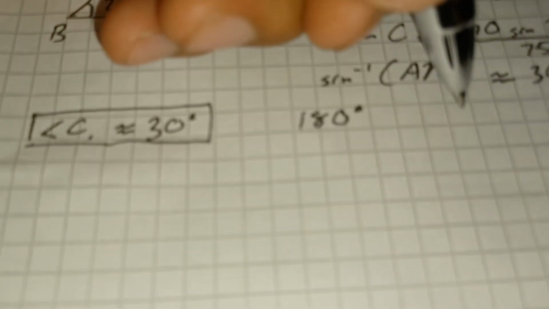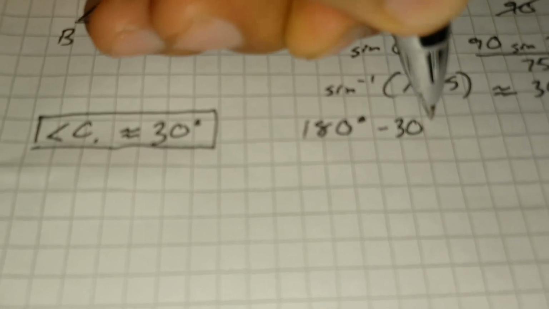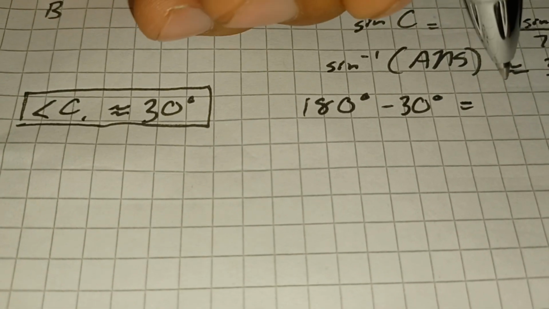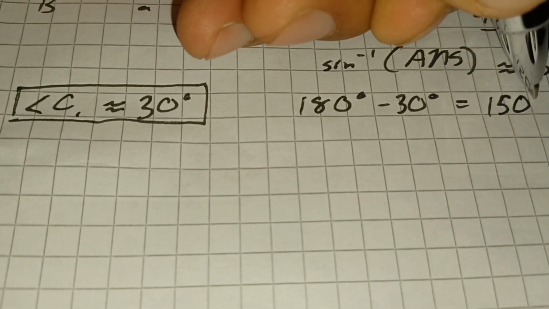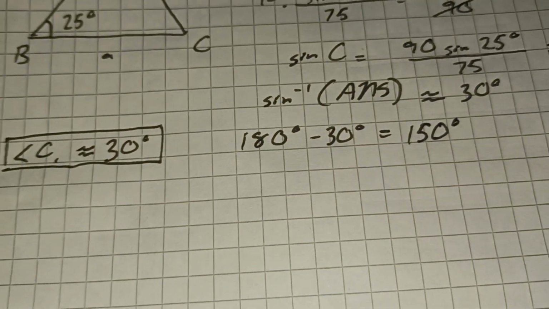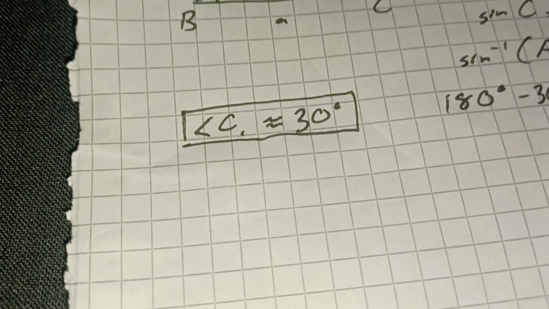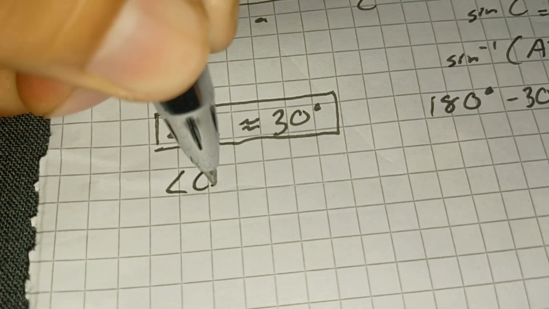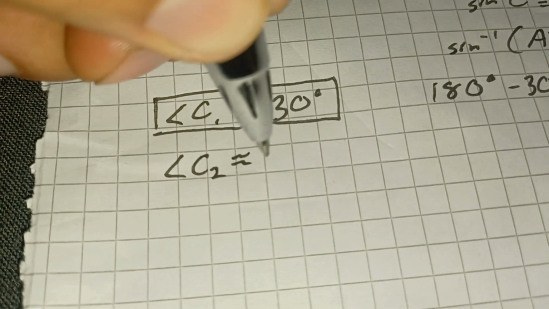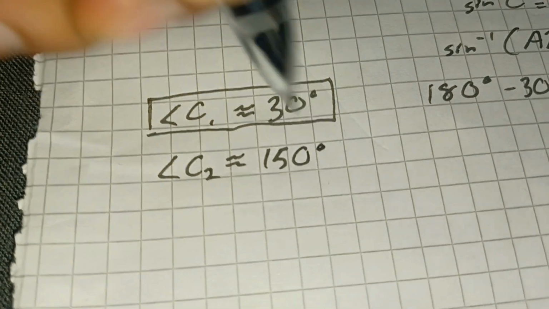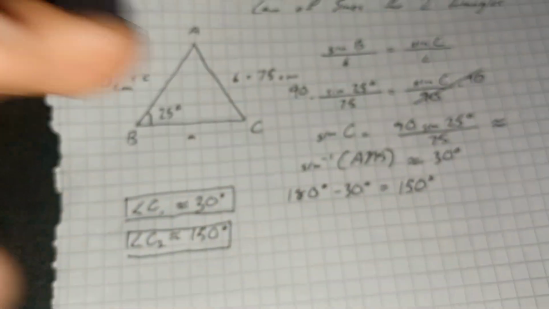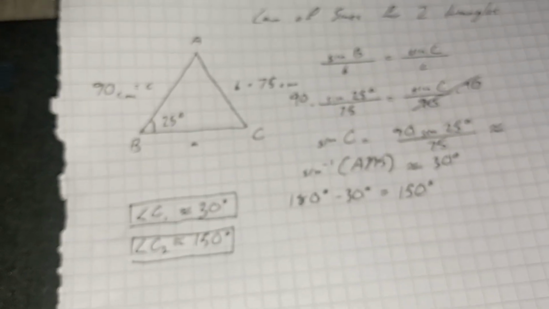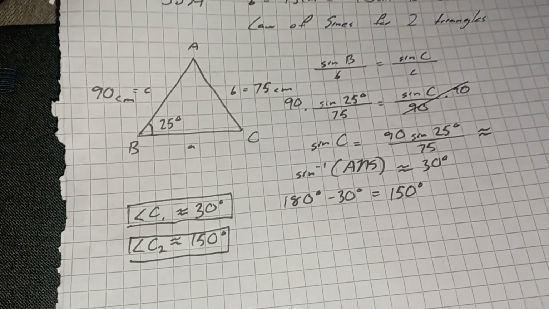So let's take 180 minus 30 degrees, which is going to give you 150 degrees. So that's going to be your angle C2. Angle C2 is equal to 150 degrees, because we found another angle just by subtracting 30 from 180.